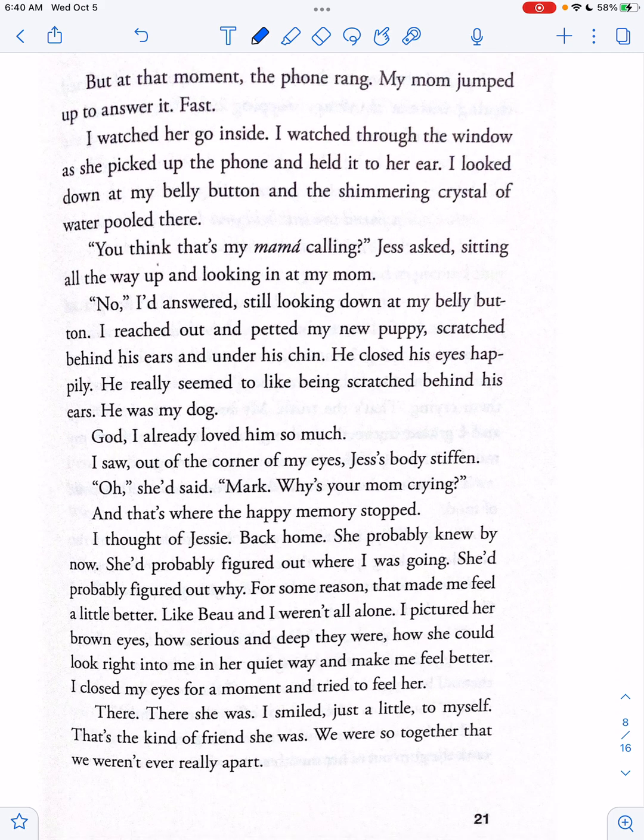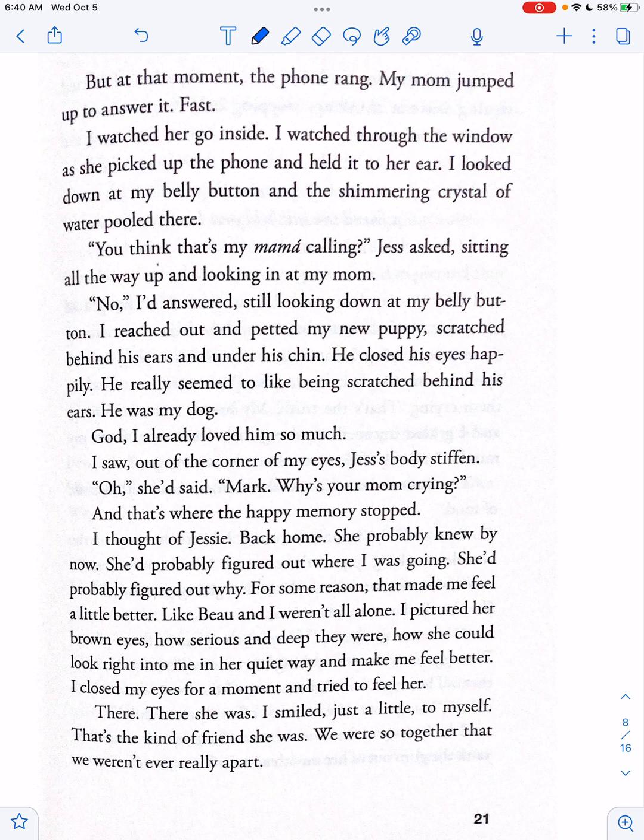My mom jumped up to answer it fast. I watched her go inside. I watched through the window as she picked up the phone and held it to her ear. I looked down at my belly button and the shimmering crystal of water pooled there. You think that's my mama calling? Jess asked, sitting all the way up and looking at my mom. No, I'd answered, still looking down at my belly button.